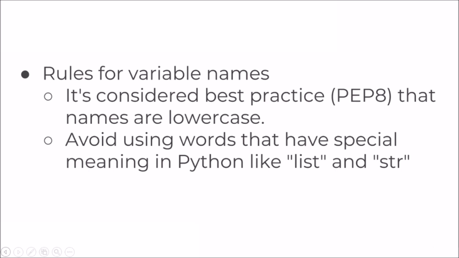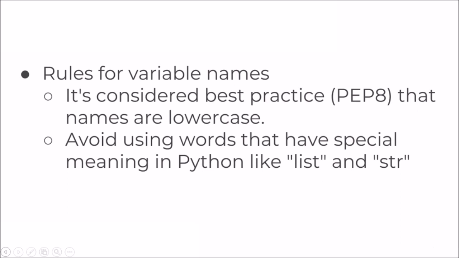And then if we move on to the next thing, which comes after the rules for variable names, we have another set of things. It's not a rule, it's just a suggestion. Okay. It is considered a best practice to use lowercase names. It is not a written rule, but Python developers use names in lowercase, right?